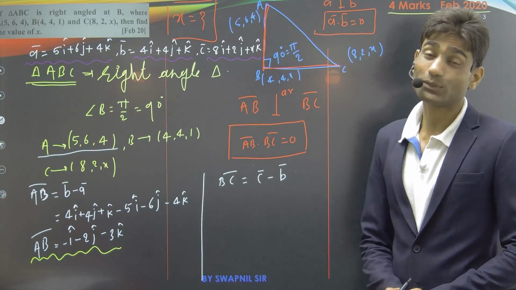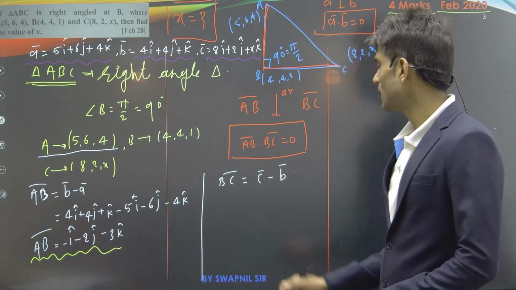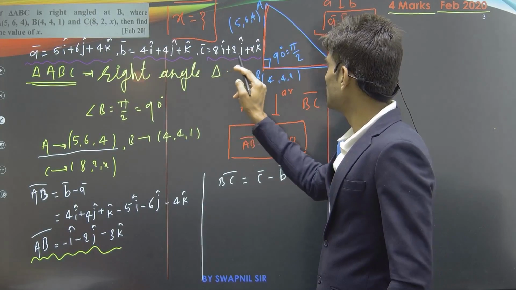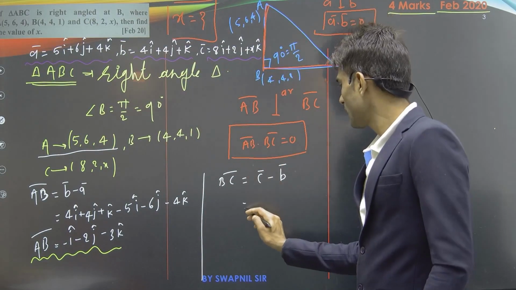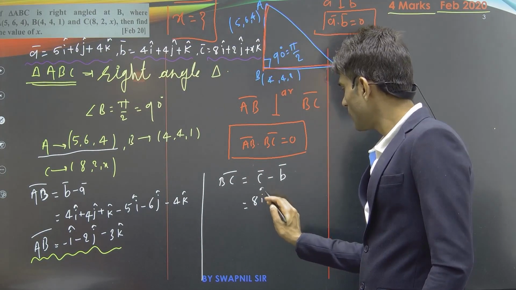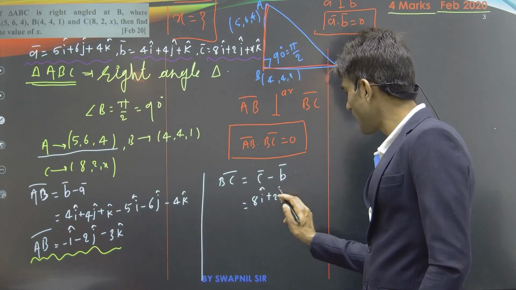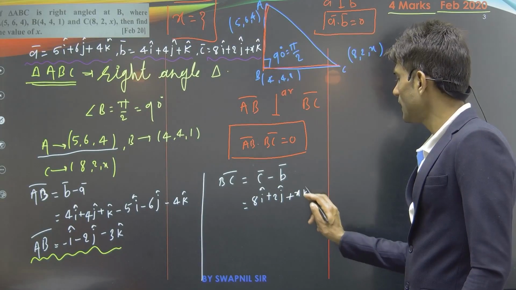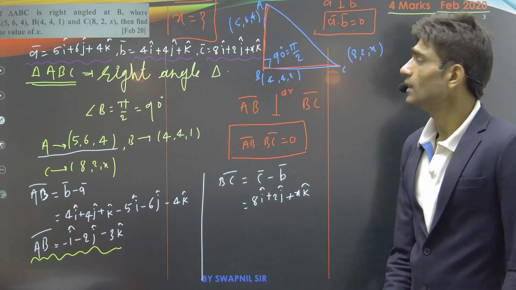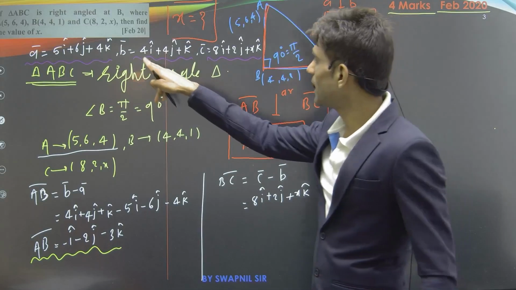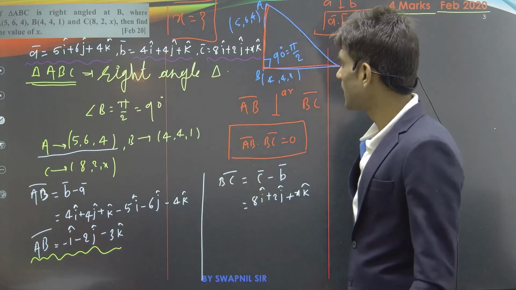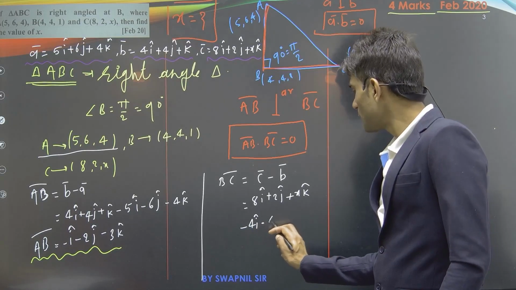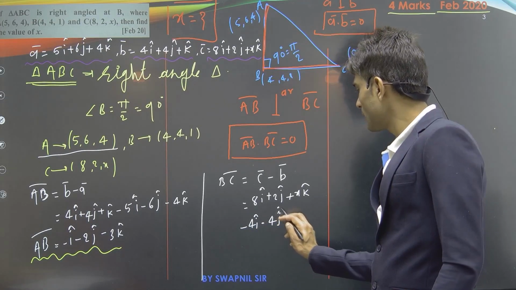Now substitute the value for position vector C bar: 8 I cap plus 2 times J cap plus X times K cap. Now we have to subtract B bar, so minus 4 times I cap minus 4 times J cap minus K cap.